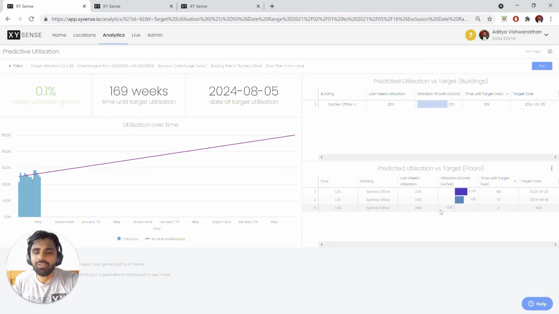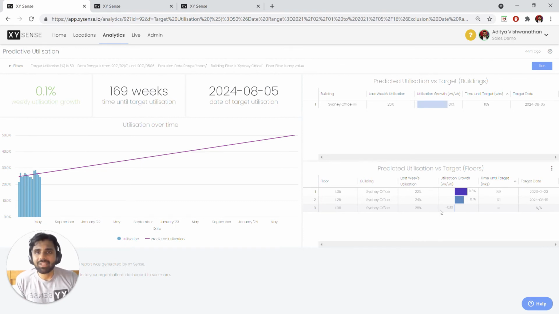Now, speaking of office utilization, it's important to stress that utilization is much more than just a head count over time, which you can obtain from, let's say, speed data or badge data. Now, those metrics have no way of telling you how your actual office space is being utilized, which is more important than ever in today's world of the hybrid workplace.